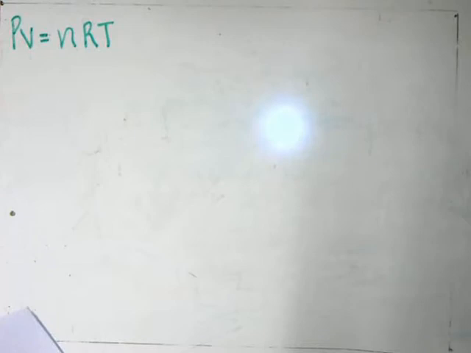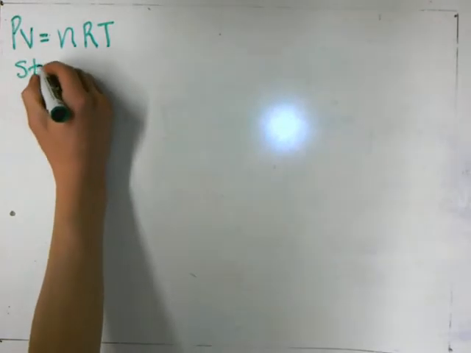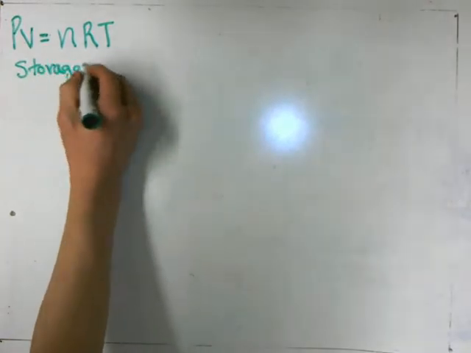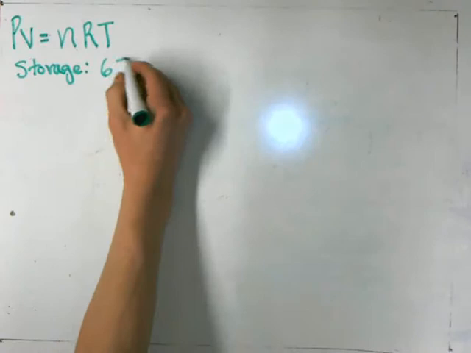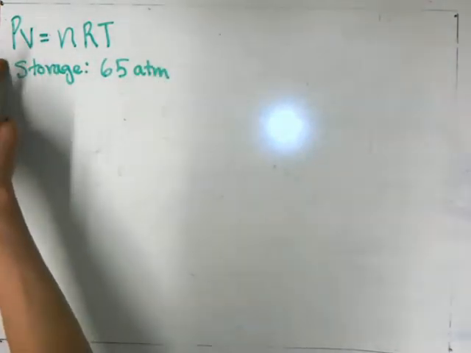So it says, oxygen for hospital patients is kept in special tanks where the oxygen has a pressure of 65 atmospheres and a temperature of 288 Kelvin. Alright, so let's write that information down. So, storage. In storage, we have 65 atmospheres for the pressure, which is going to be applied to the pressure in the ideal gas equation.